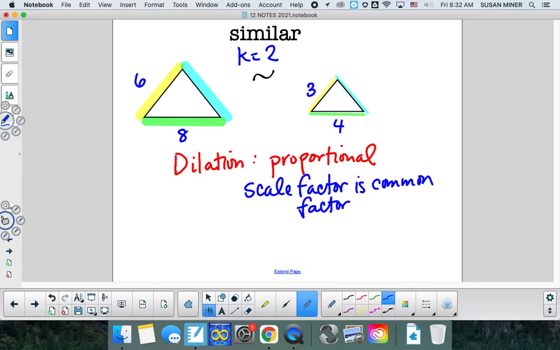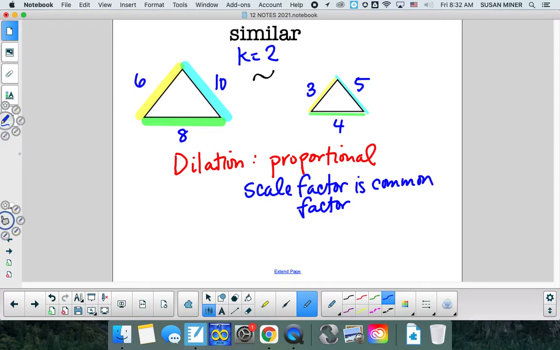If the bigger shape is 2 times bigger than the smaller shape, then all the sides are going to continue to stay proportional to each other. If this side length over here is 10, then this side here would be 5. And so these 2 triangles are similar. They are proportional, and the common factor that they have is the scale factor. I hope you can kind of see what that means, that word proportional.